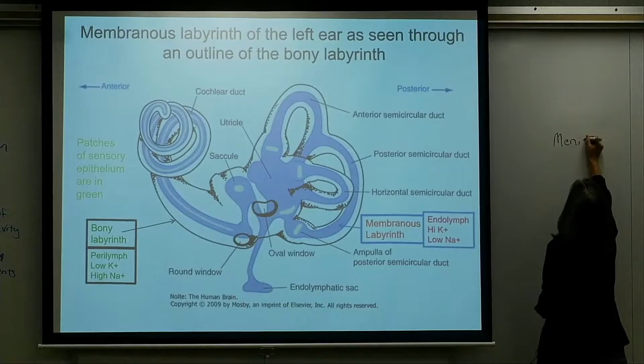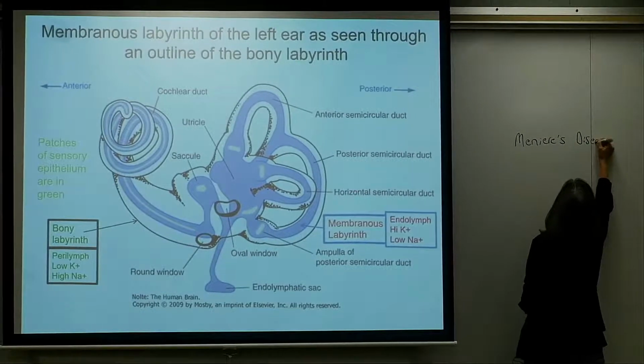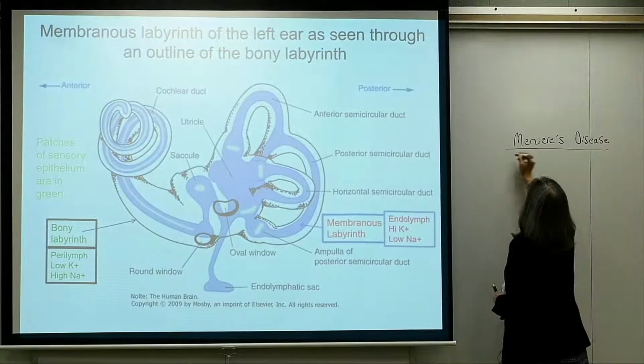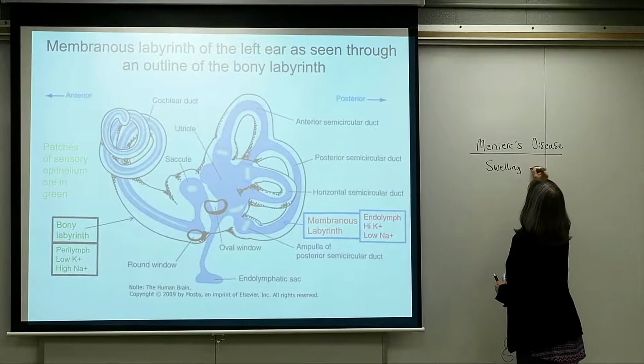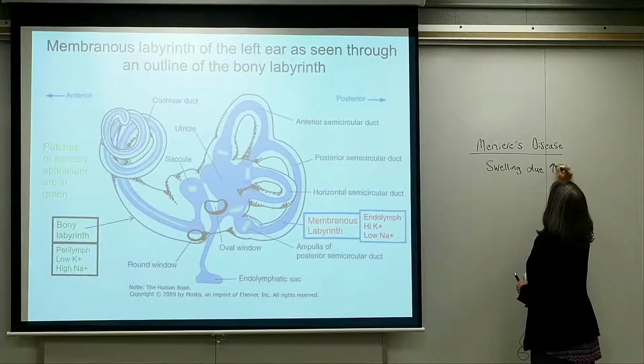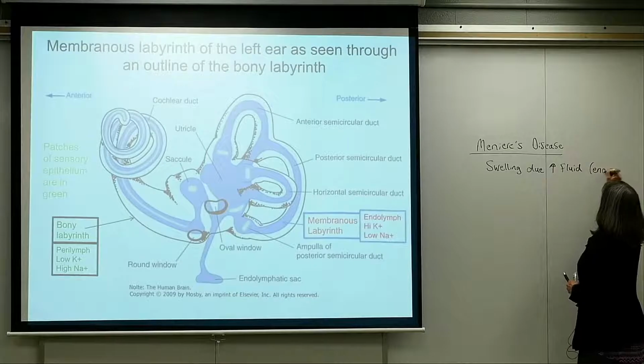So Meniere's disease is a swelling, usually due to increased fluid, specifically endolymph.